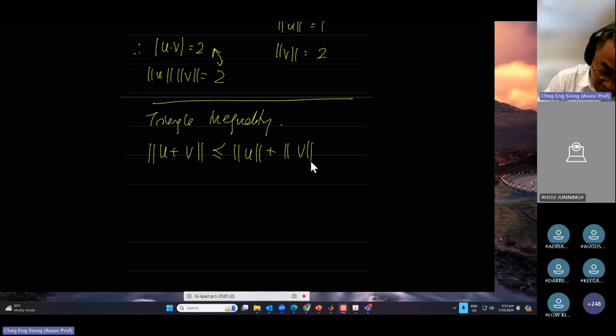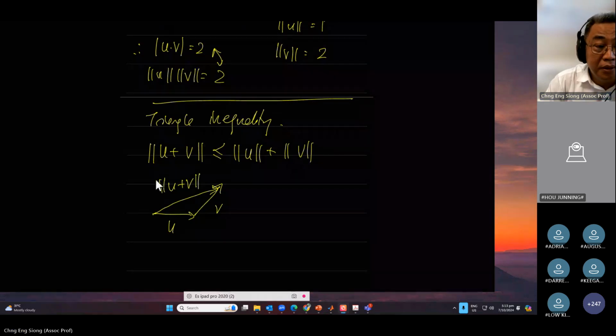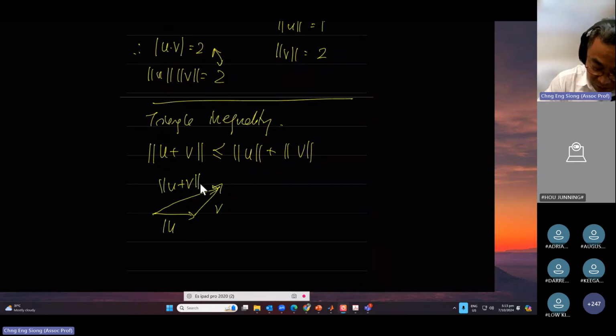If I travel along here called U, and I travel along here called V, and here is U plus V, the length of this is always less than the sum of the lengths of these two, right? Because we're bending the endpoint nearer to the origin. So it is less than in this example.